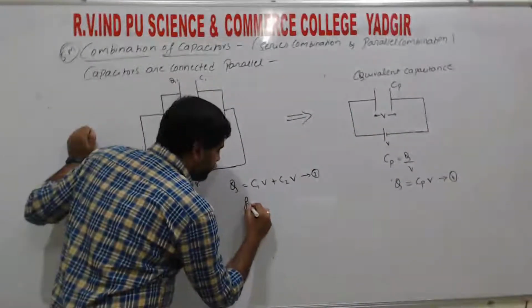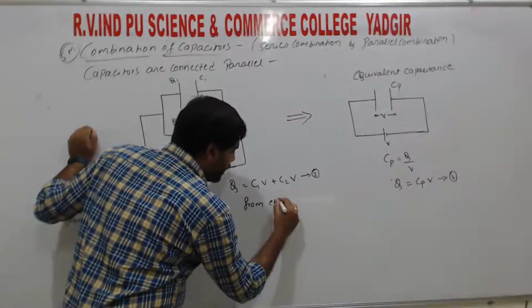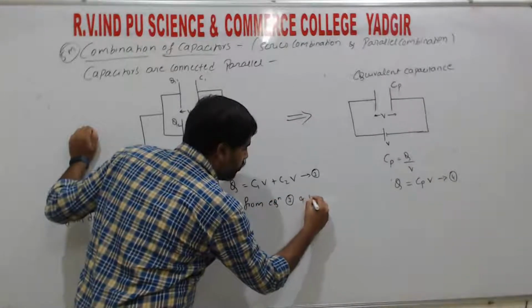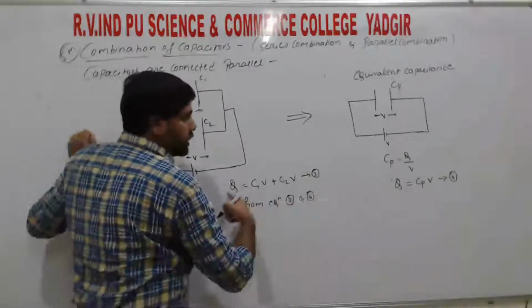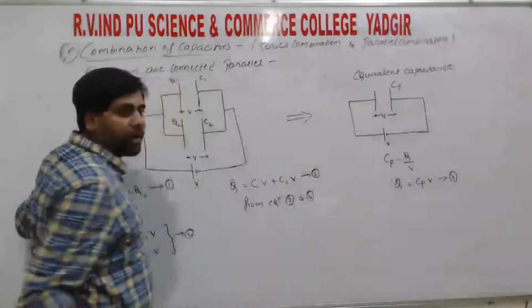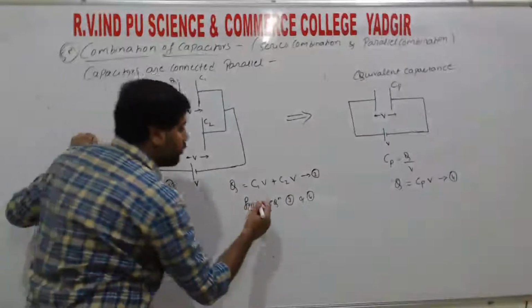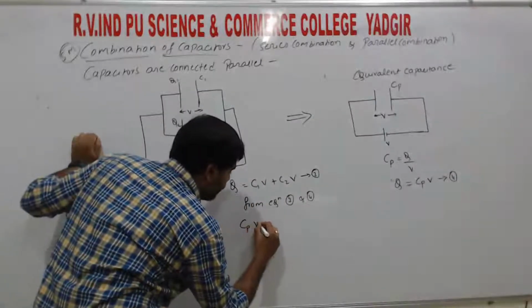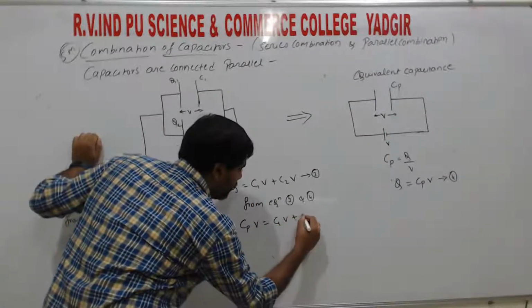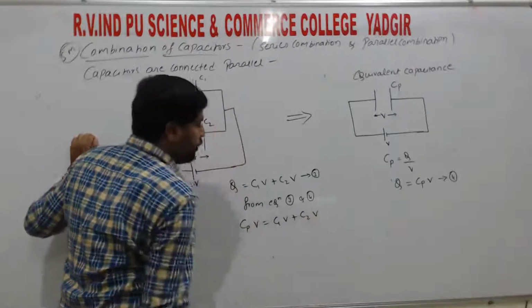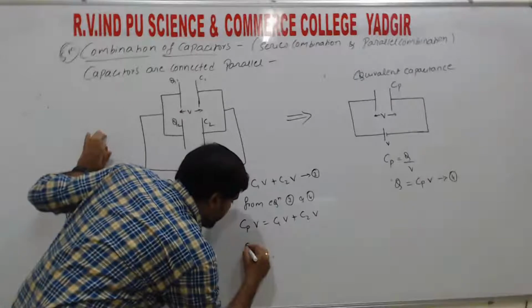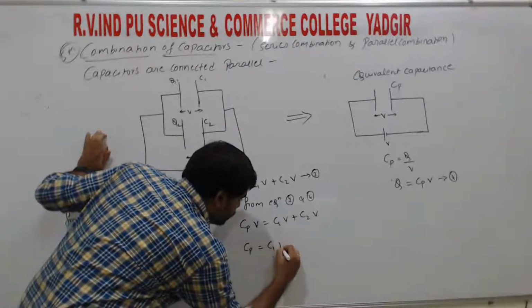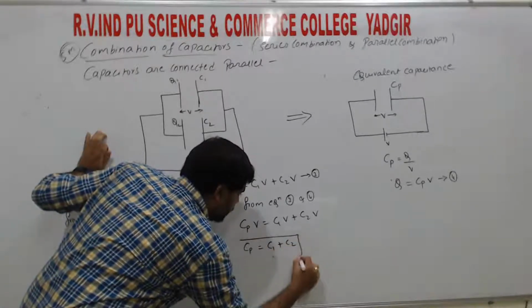From equations 3 and 4, the charges are the same, so we can equate Cp V is equal to C1V plus C2V. In all the terms V is common, so we can cancel it. We get Cp is equal to C1 plus C2.